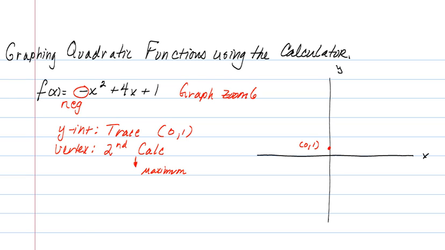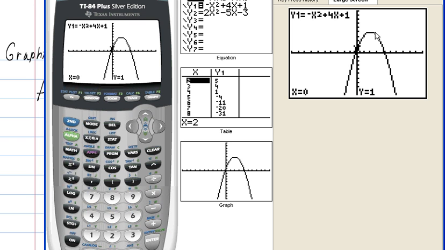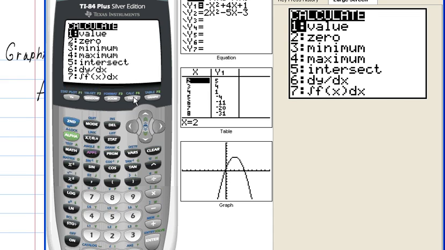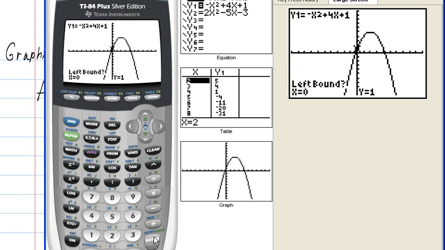I'll press second and calc, and under there I've got lots of features I can use. Since this vertex is a maximum, because my quadratic is opening down, that's the one I'm going to choose.